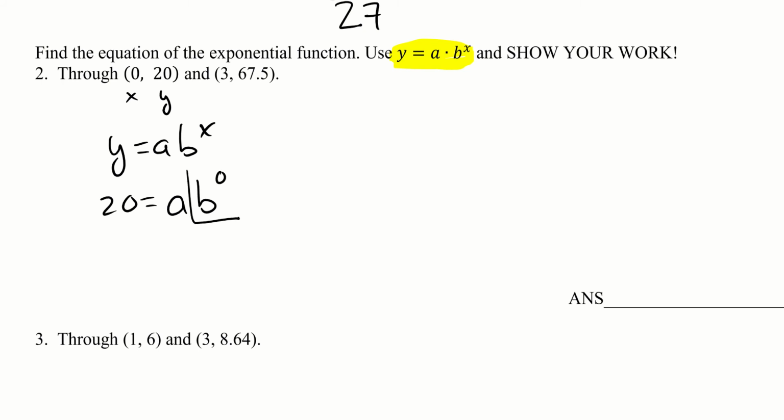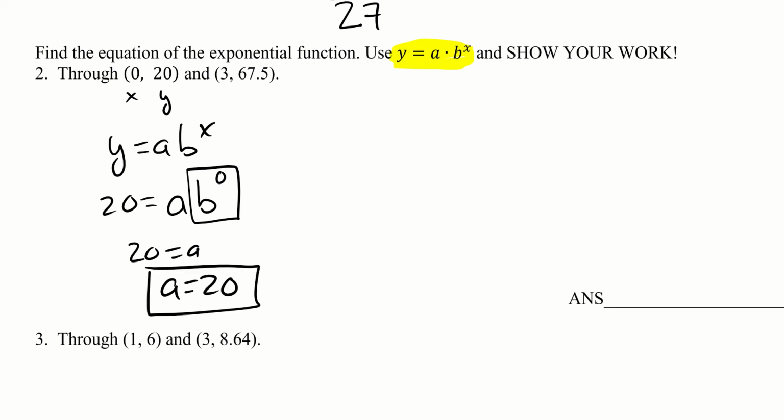Well, b to the 0 power equals the number 1. So I can rewrite this as just this, right? So a is 20. So the fact that I'm given the 0th term, it's obvious. I know what a is. My question is now I need to figure out what my growth factor is. What value am I multiplying by repeatedly? And that's not too difficult in this case.